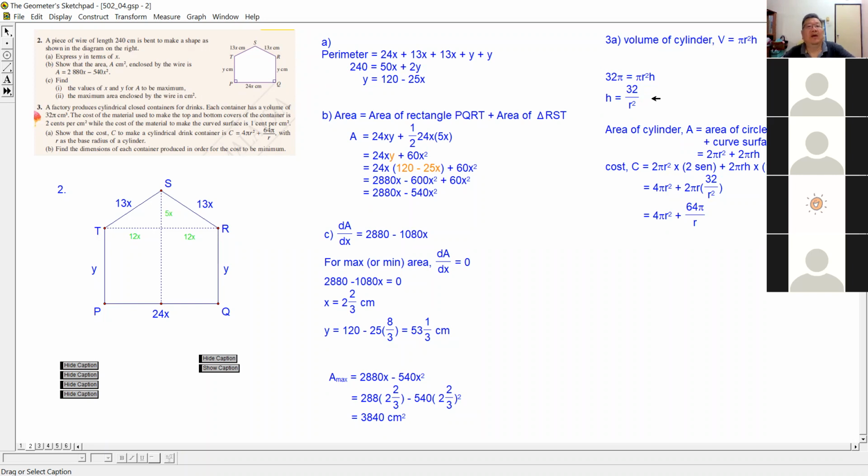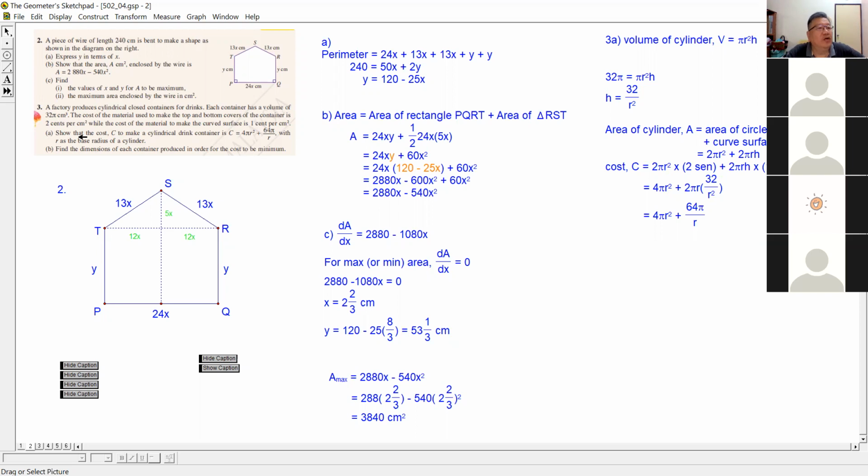So in this way, when you do the next part, you can eliminate one of the variables. Okay, now, so I have found out h equals to 32 over r squared. The pi and pi can cancel off. So the h is 32 over r squared.